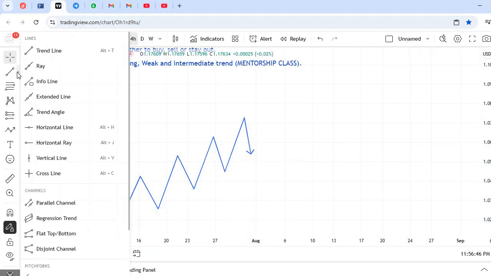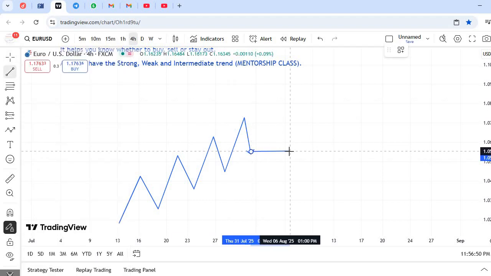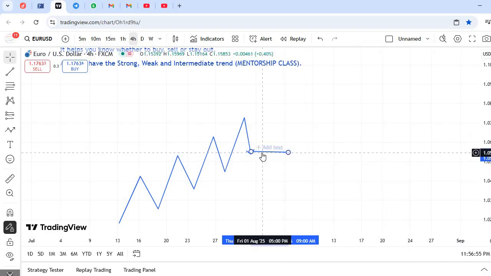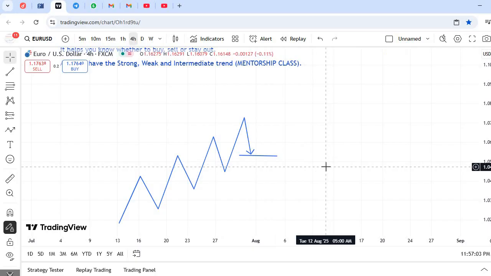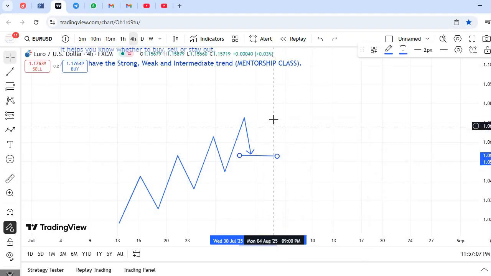this is the last low. So this is the last low here, and this is also the last high.